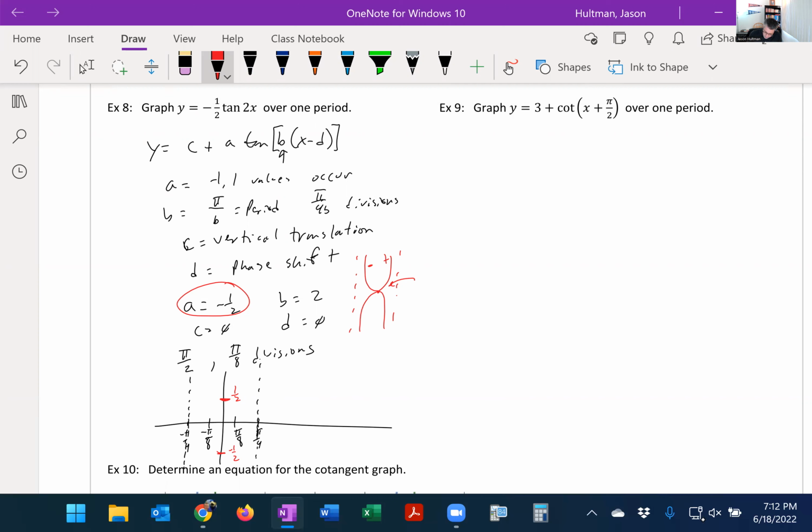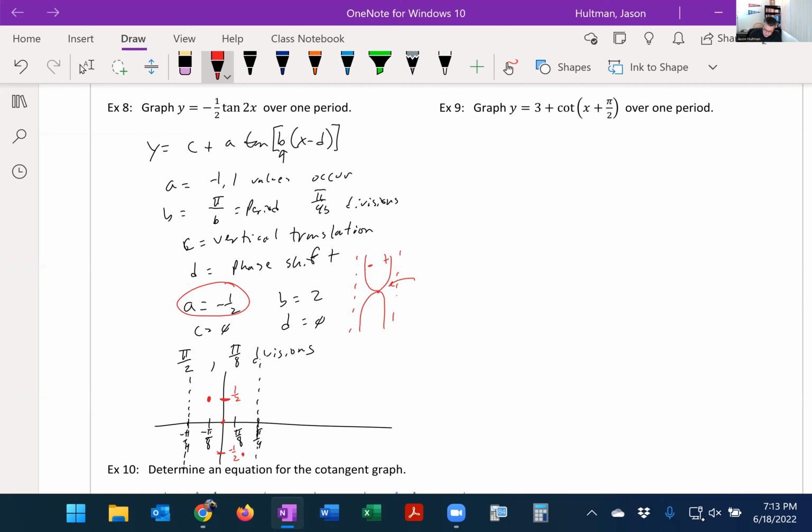So instead of being at negative pi over 8, 1, we're at negative pi over 8, 1/2. Instead of being at negative pi over 8, negative 1, we're at negative pi over 8, positive 1/2. And instead of being at positive pi over 8, positive 1/2, we're actually at negative 1/2.